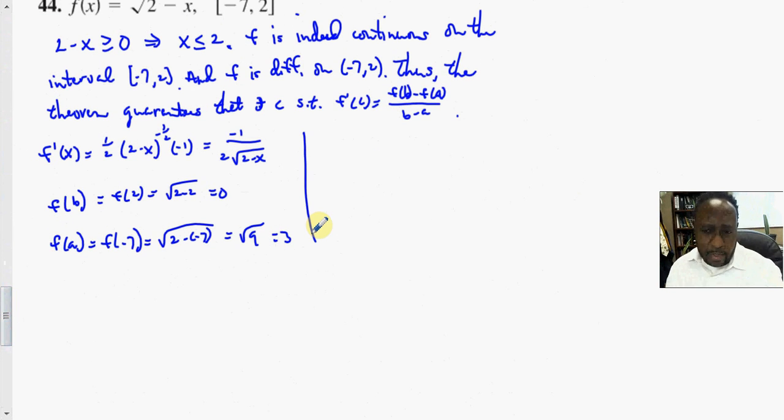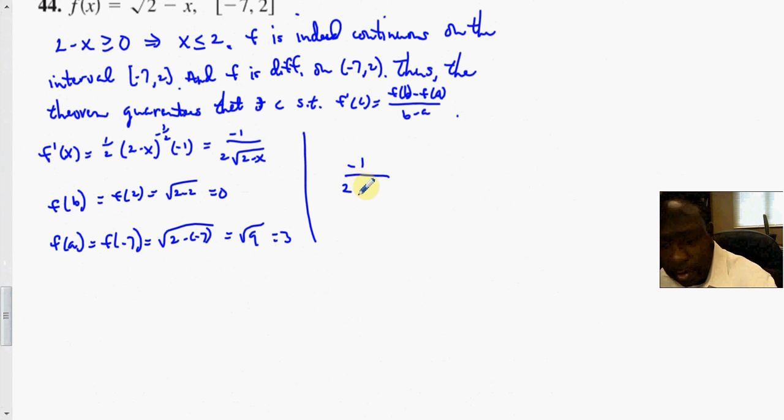So if that's the case, then we have that derivative, which is negative 1 over 2 times the square root of 2 minus x, is equal to f of b, which is 0, minus f of a, which is 3, and this is all over 2 minus negative 7.